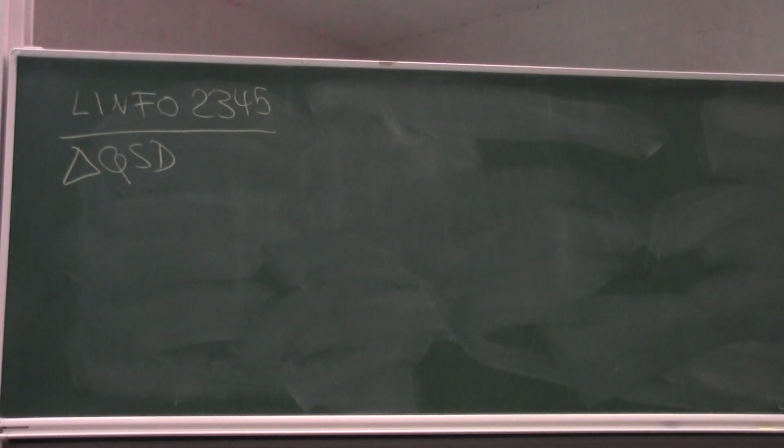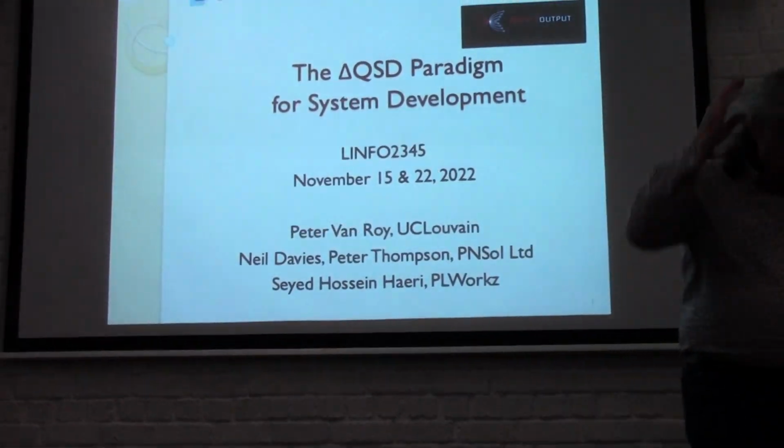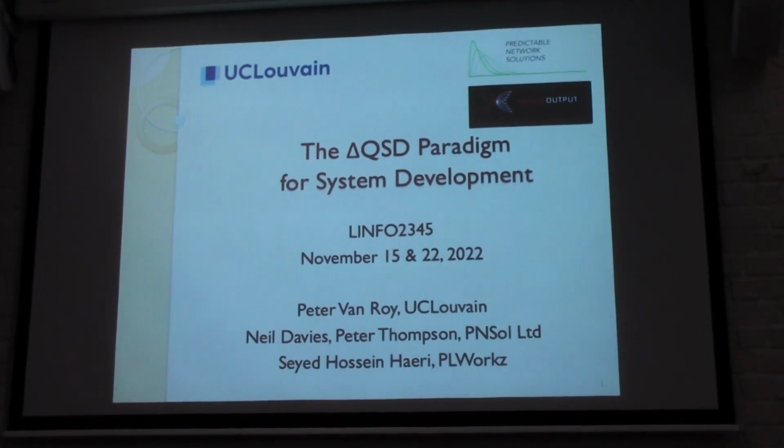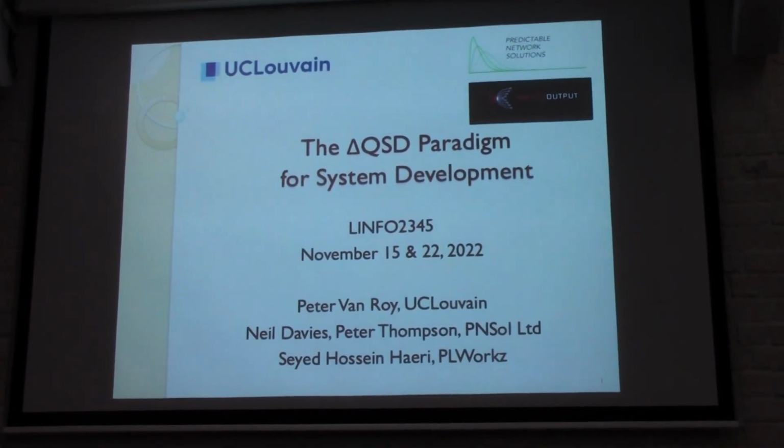Many big companies have saved billions of pounds or euros or dollars through this. But it was all inside the heads of the people of Sol. Basically, these are the two main guys, Neil Davies and Peter Thompson, and a number of other people. And there were some PhD theses worked around this.